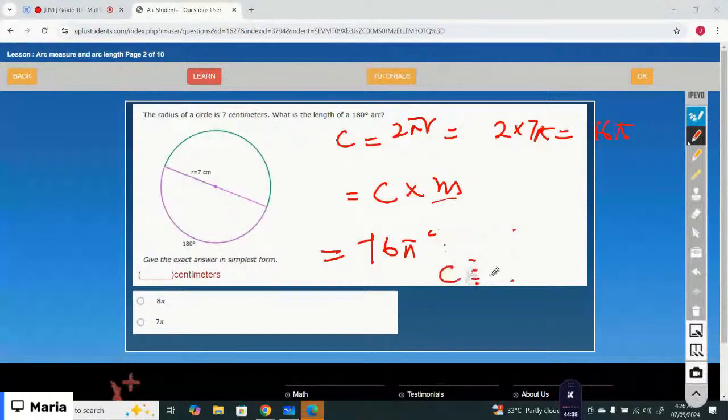So C equals 14 pi times 180 divided by 360. So the correct option is 7 pi. Option number 1 is the correct option.